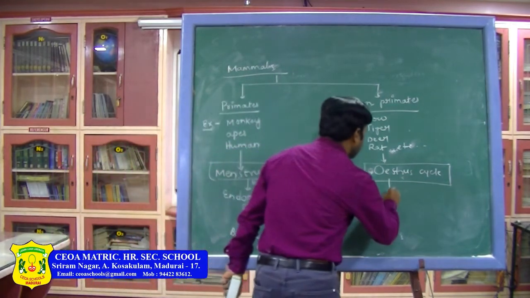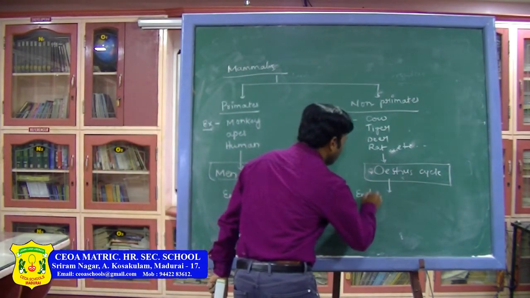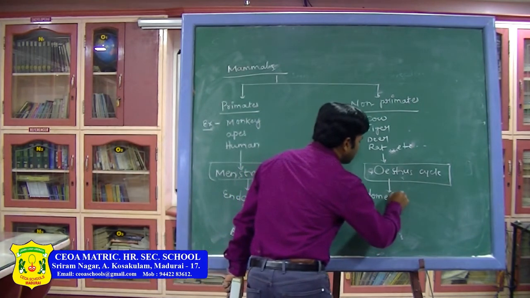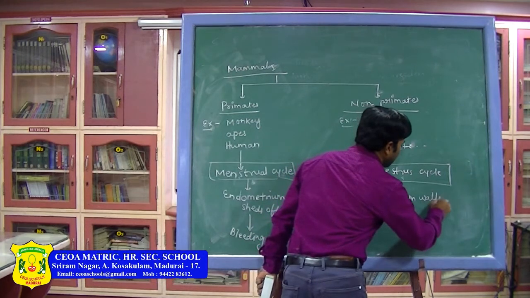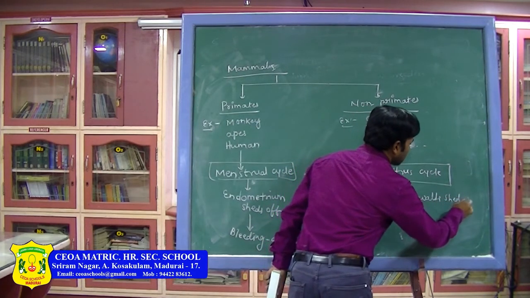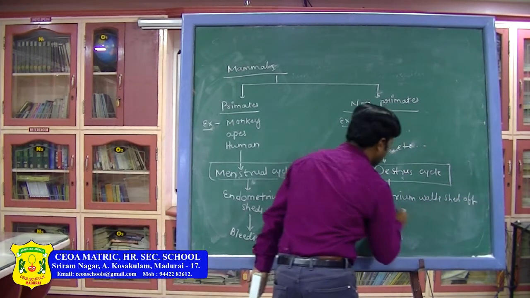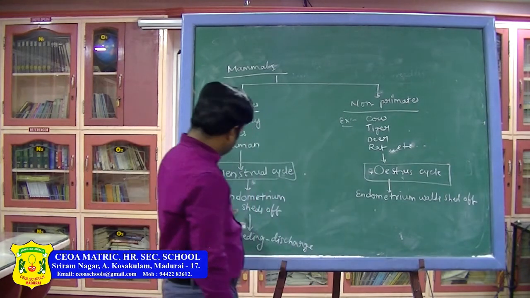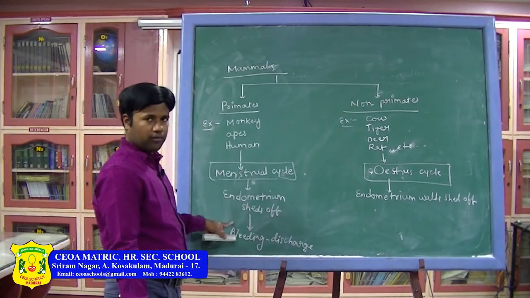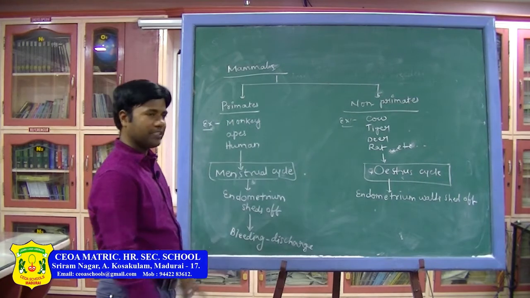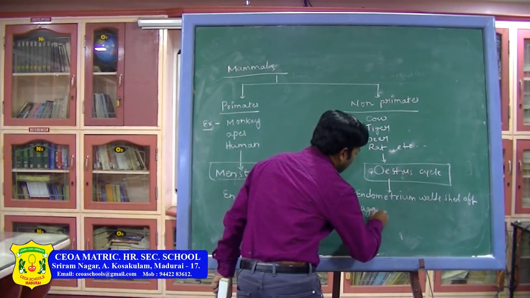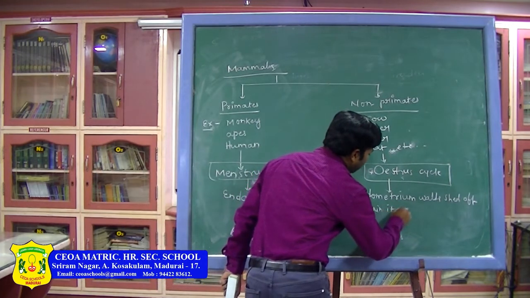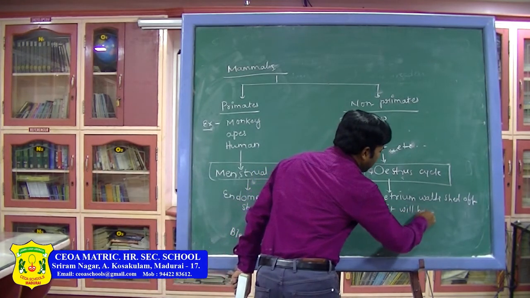In the estrous cycle, here also the endometrial wall sheds off, but it is not sent out through bleeding or discharging. Instead, it is reabsorbed.